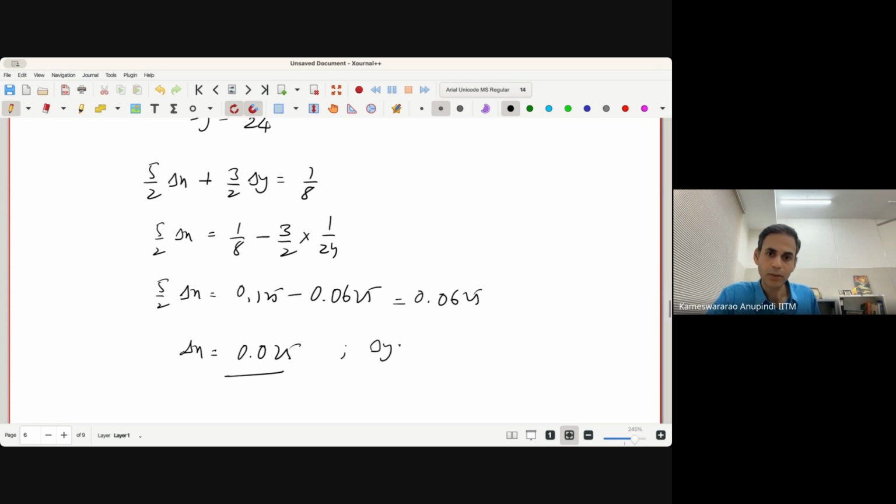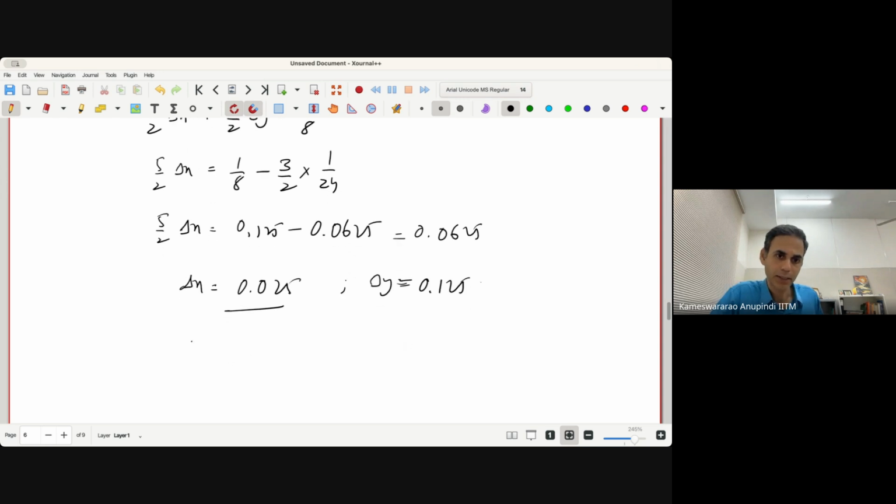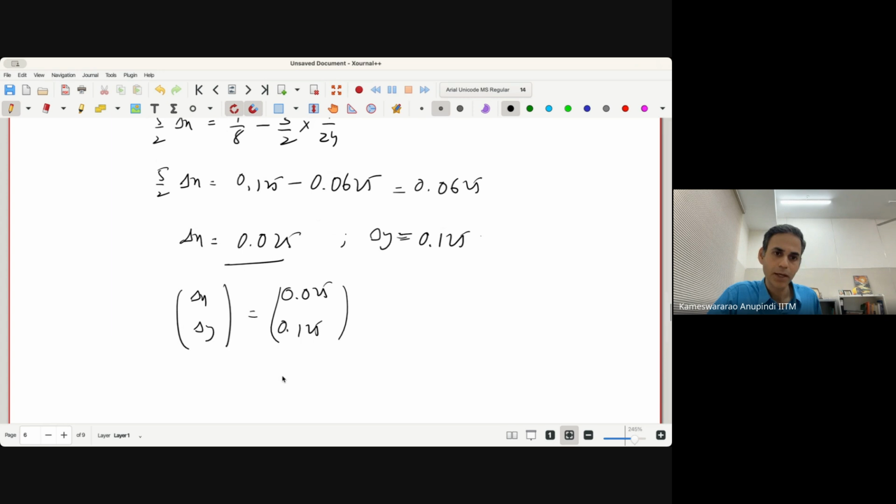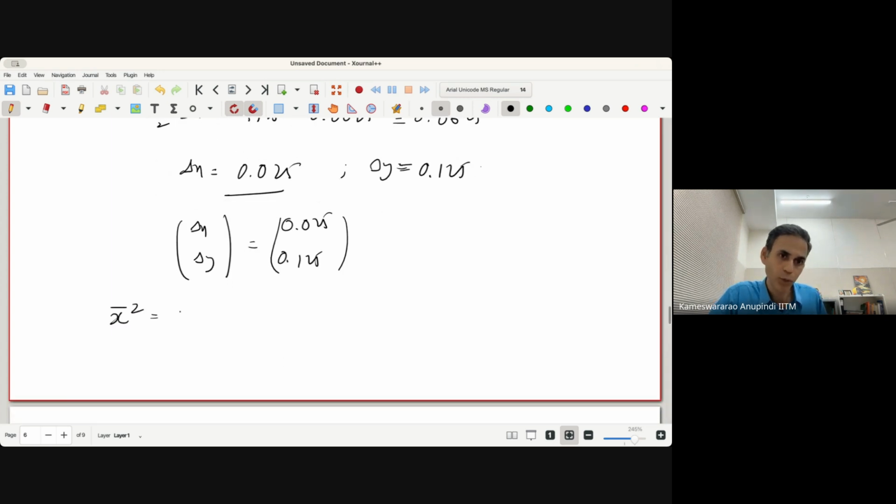And then delta y was 1 by 8, which would be 0.125. So that means I got delta x, delta y as 0.025, 0.125. That means I can calculate x bar 2, which is equal to x bar 1 minus delta x bar.